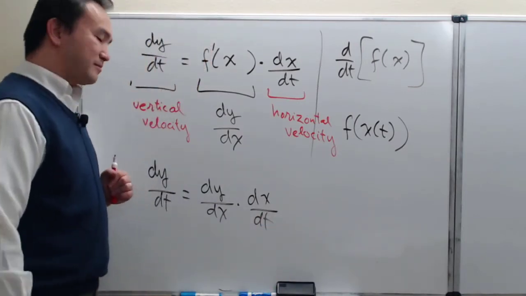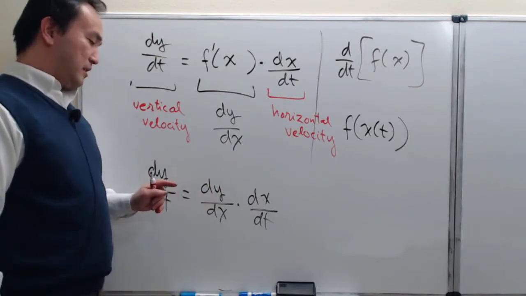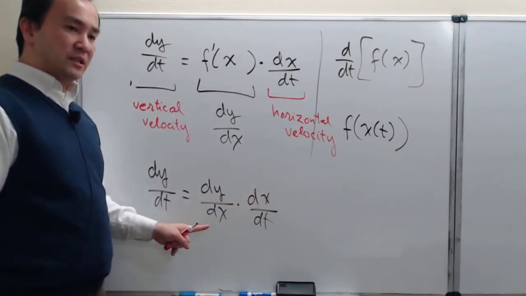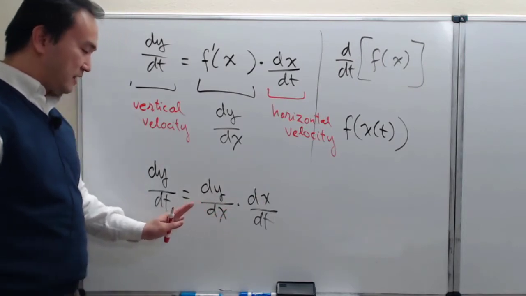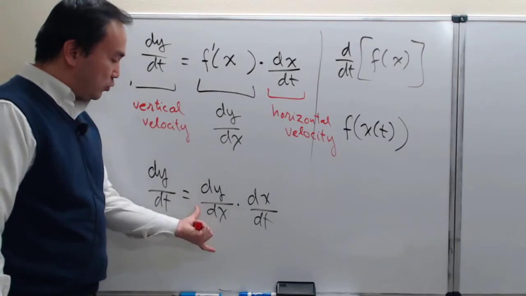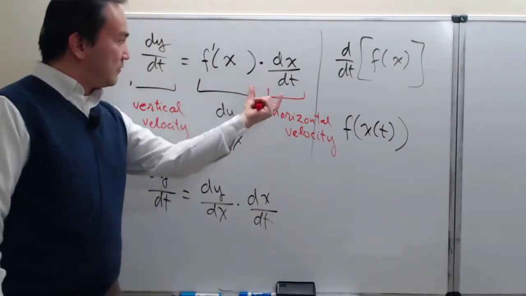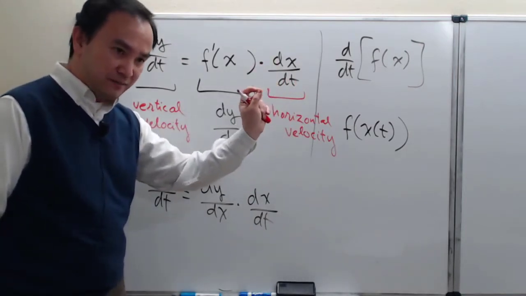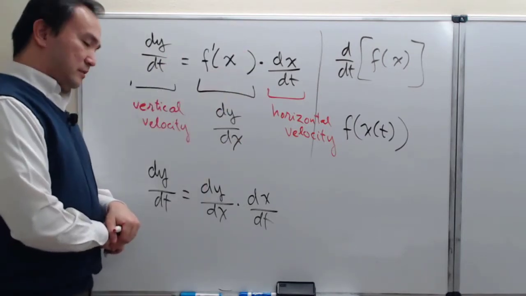Okay. These are all three different rates that are related. And I highly recommend not to think of this as a fraction, so you can cancel the dx with the dx here. It's not like that yet, because dy dx is one symbol that represents the derivative of the outside function, and the dx dt is the derivative of the inside function, which is just our horizontal velocity of that particle moving on the graph of a functional relationship.